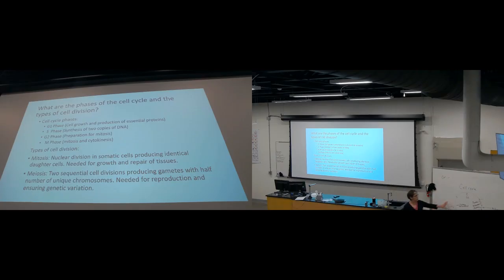Then once you pass this G1 phase, you duplicate your DNA. And then in G2, you just make sure that you have DNA without major problems, and that you have an equal number of organelles as well.